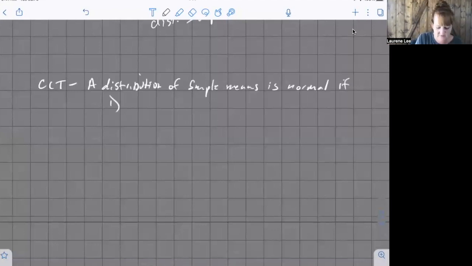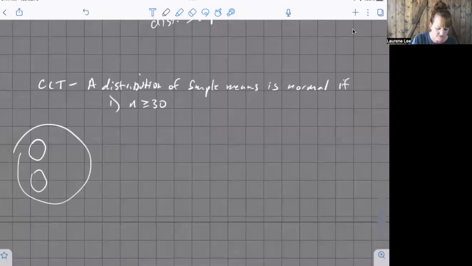First, if n is bigger than or equal to 30. This is interesting. As you take this population and go, oh, my population's not normal, so I'm going to take these samples, all of these X bar 1s and X bar 2s, X bar 3s, you have to pull samples bigger than or equal to 30 in order for this distribution of sample means to become normal.